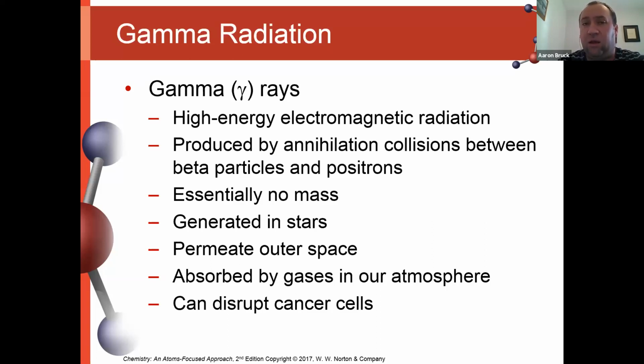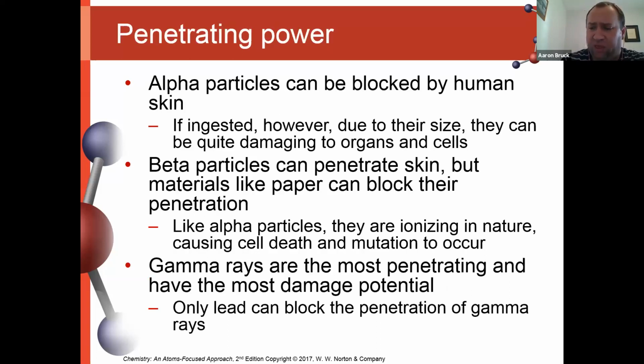But the thing that's dangerous about them is obviously if you don't have cancer, it can also disrupt your normal cells. And that can ultimately lead to cell mutation, cell death, or even in other circumstances, those cell mutations can become malignant and potentially cancerous.